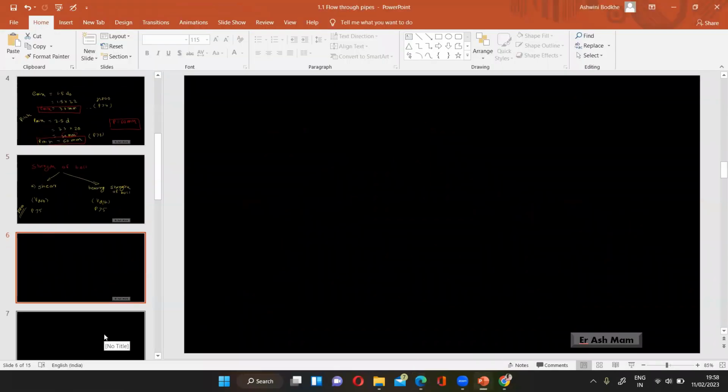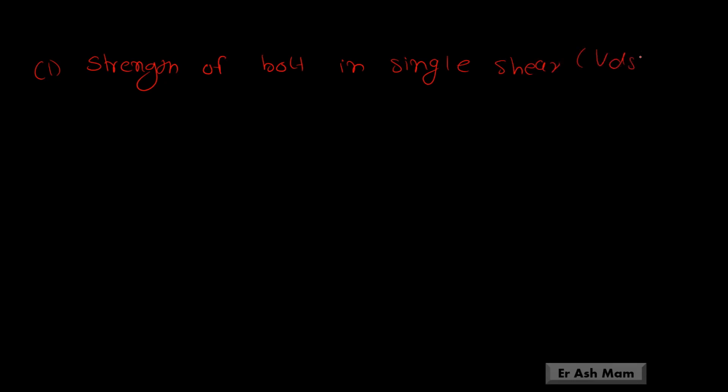First is strength of bolt in single shear, VDSB.